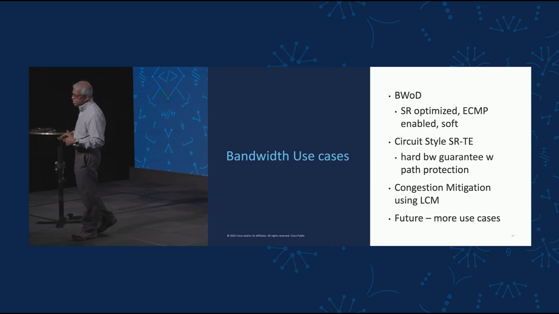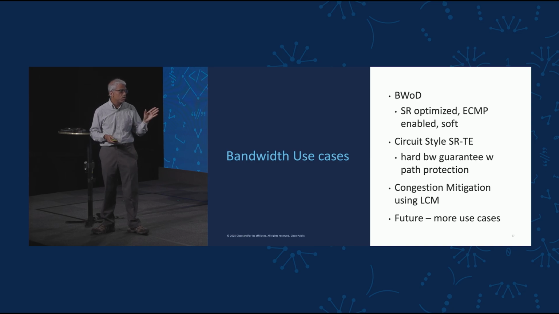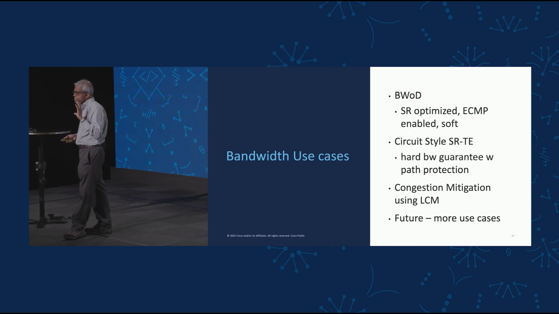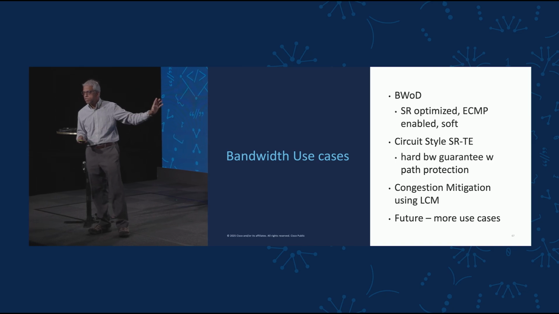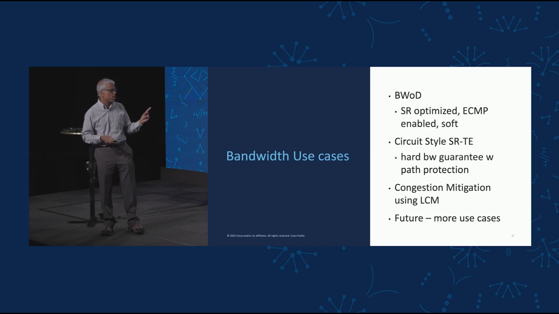And if your traffic is high entropy, meaning source and destination addresses are highly varied, and you can roughly get equal usage in ECMPs, this is a good solution. So it's a really soft bandwidth guarantee. You give a bucket of bandwidth on every link to CNC, and then CNC creates paths assuming that it can fill up that bucket, and that's how it works.